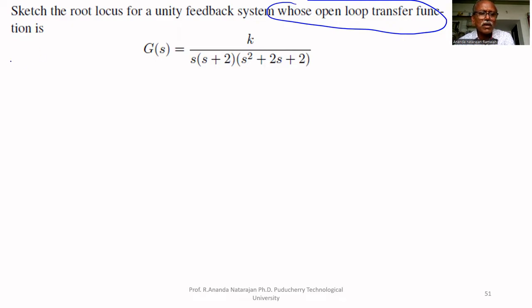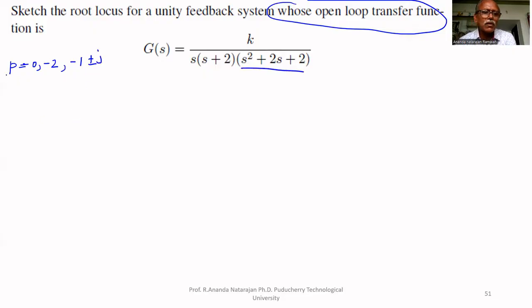The open loop poles are 0, -2, and -1 ± j, the roots of s^2+2s+2.